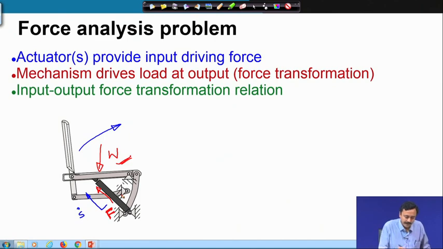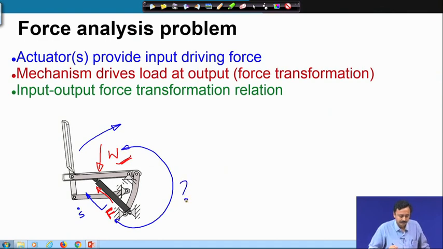So, I would like to relate W with F at a certain configuration. This is about equilibrating forces, not about forces that will produce acceleration.